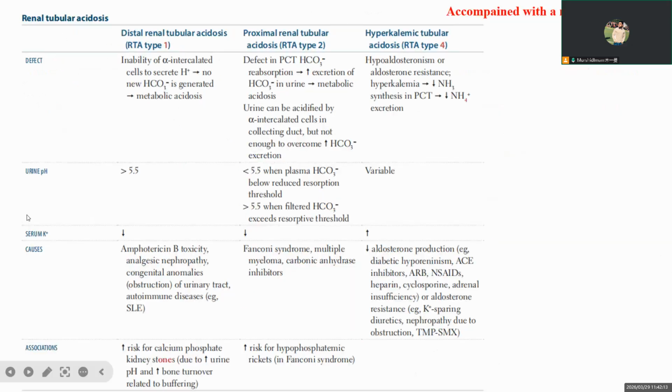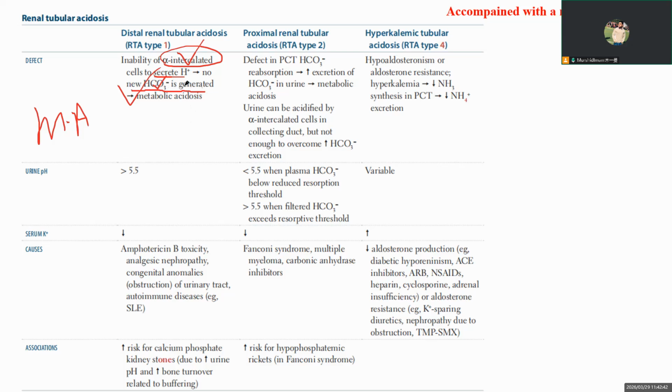Let's look at that. What are going to be the consequences in RTA type 1? The first one, of course, we know, is metabolic acidosis. Why does the metabolic acidosis happen? Because there is a defect in the ability of the intercalated cells. They cannot secrete the hydrogen ion, and there is not going to be generation of any bicarbonate.